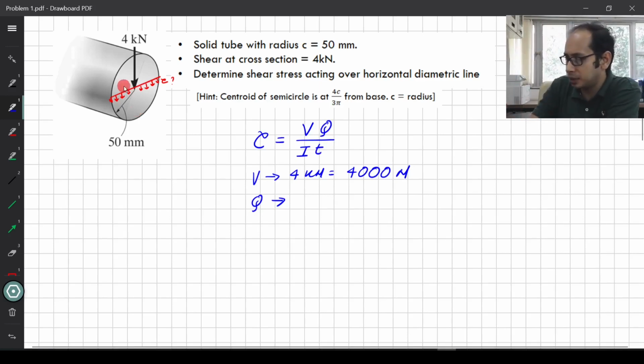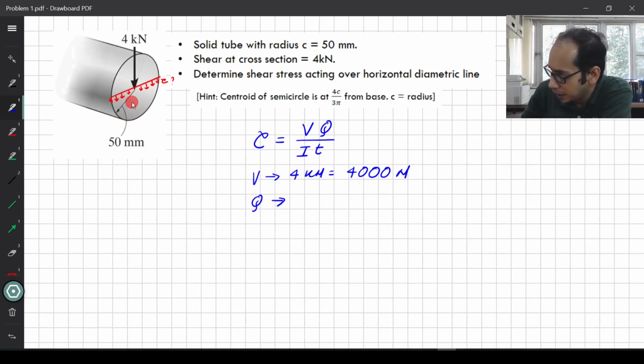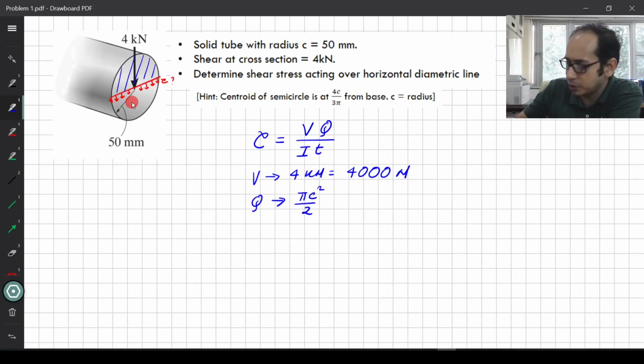Since the radius is 50, the area of the entire circle is pi c squared. I'm just going to consider this top part, so Q is pi c squared divided by 2, because I'm considering half of the circle, times the distance of the centroid for this one.